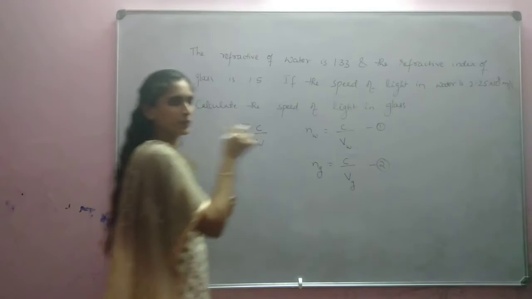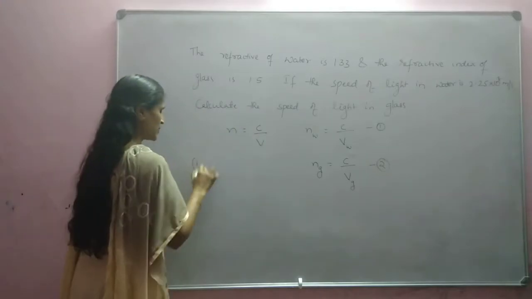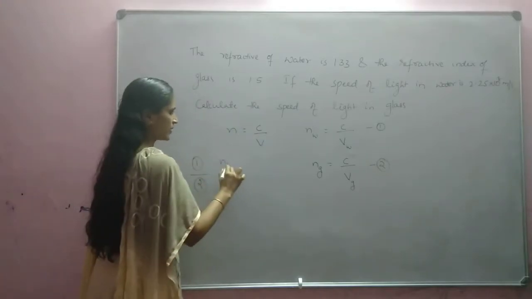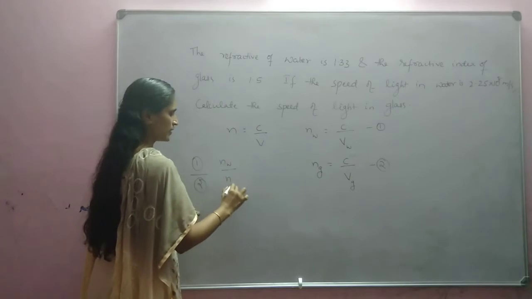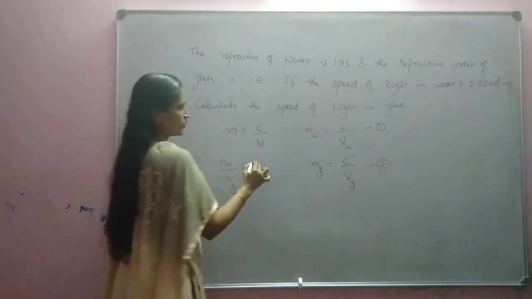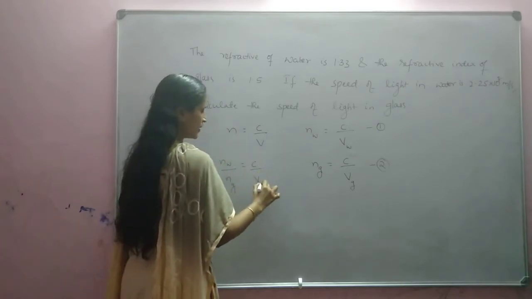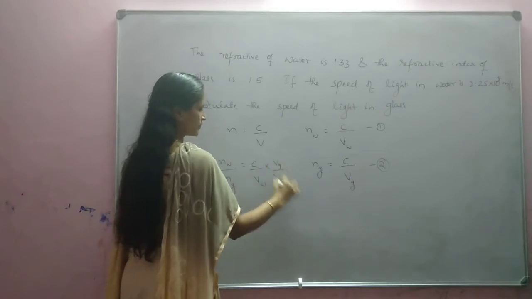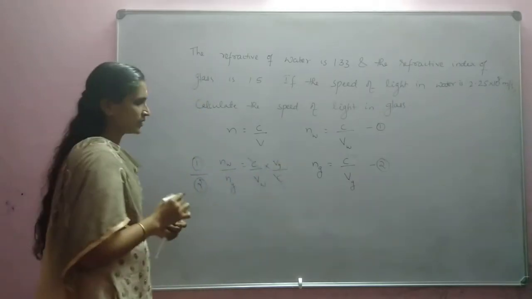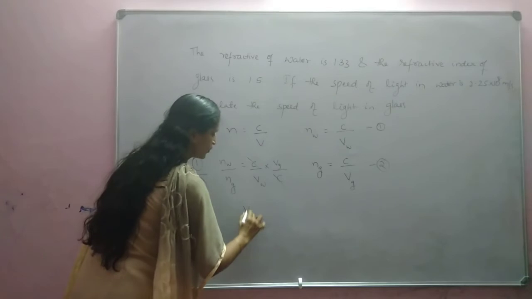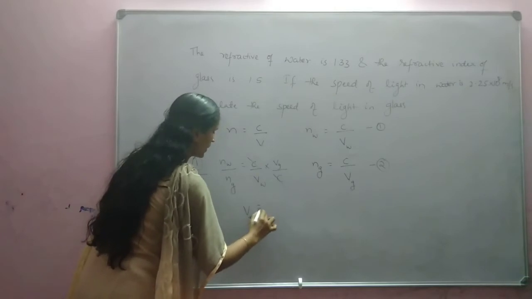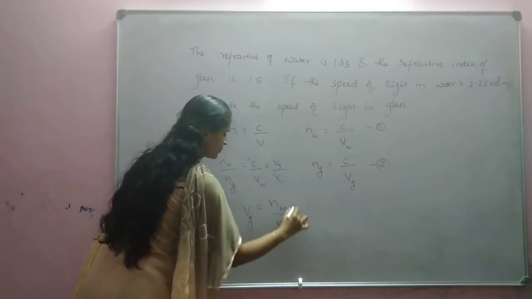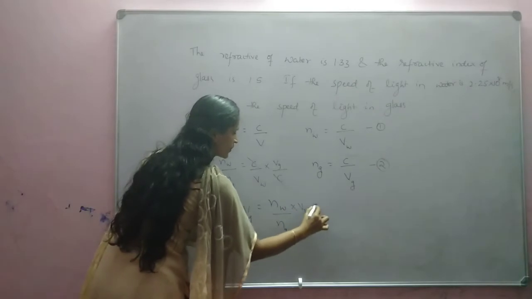So equation 1 divided by 2, what you will get? Refractive index of water by refractive index of glass is equal to C by Vw into Vg by C. C will get cancelled. So Vg, velocity of light in glass, is equal to Nw by Ng into Vw.